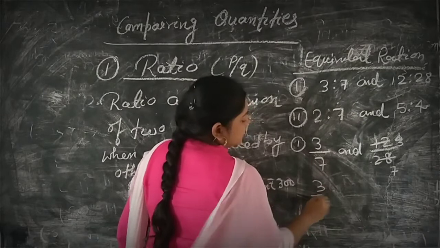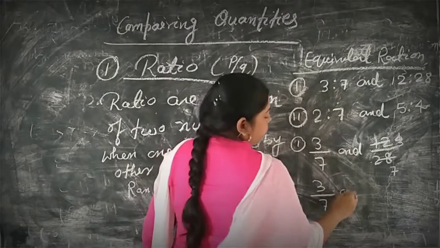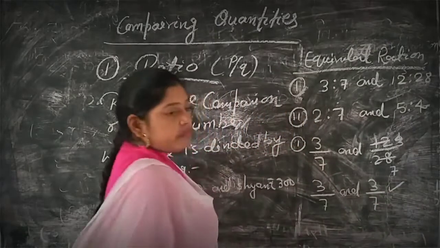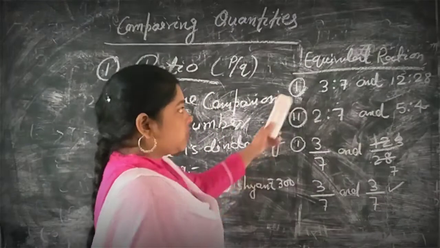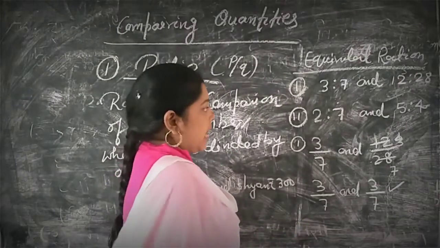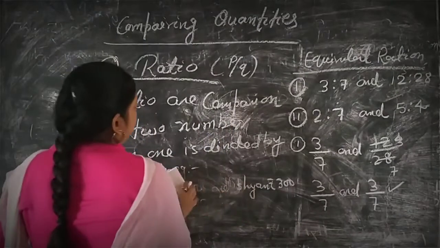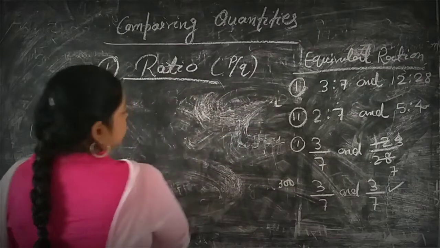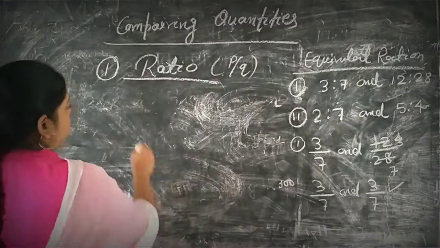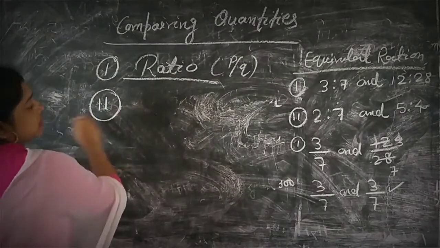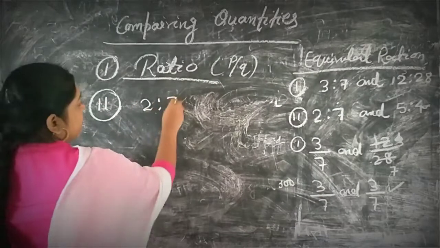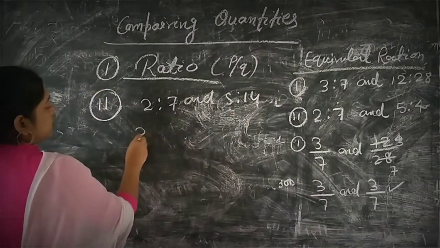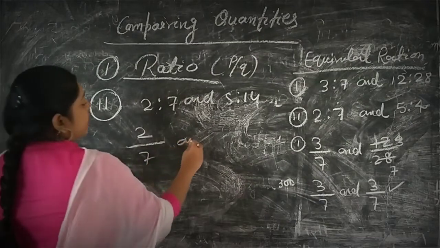So look at this example. Both are the same ratio. So this is called the equivalent ratio. Now we check the next example to see whether it is equivalent or not. The second example is 2:7 and 5:14, that is 2/7 and 5/14.